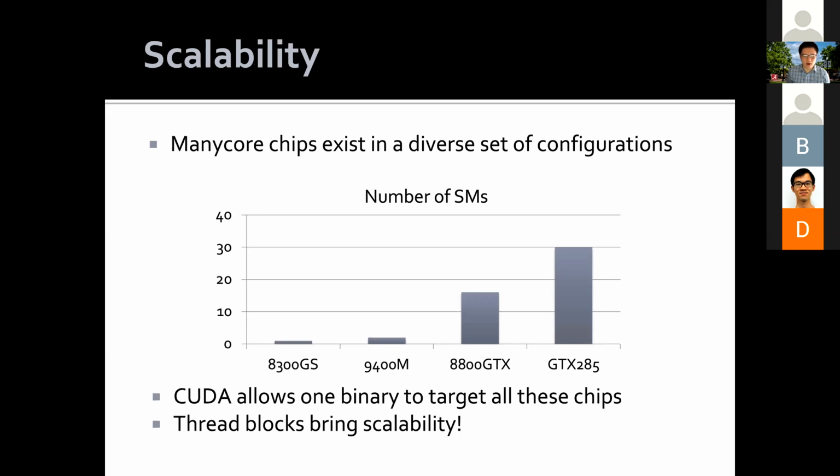For example, different versions of the GPU have a different number of streaming multiprocessors. Now I think we have 84, right? But you can see that the code can be adapted to all the architectures, and the performance would increase even if you don't change the code, okay? Because the number of streaming multiprocessors increases and the thread blocks bring the scalability. So that's the key idea.